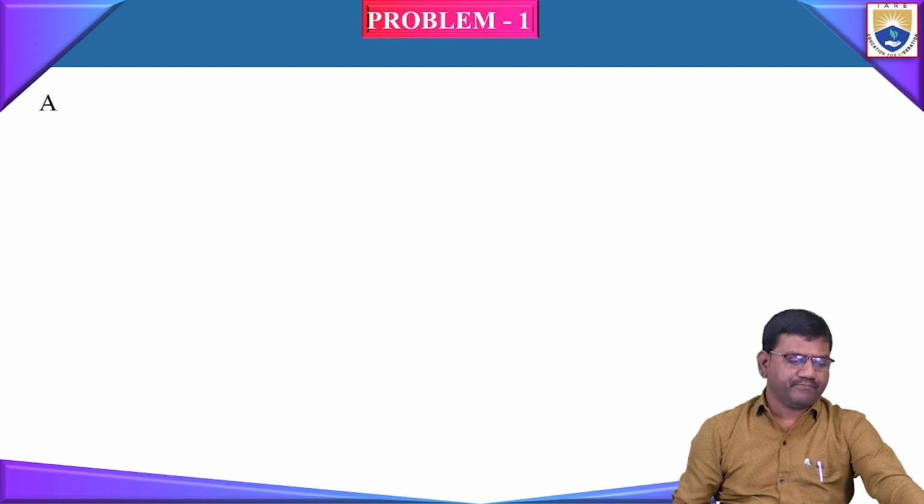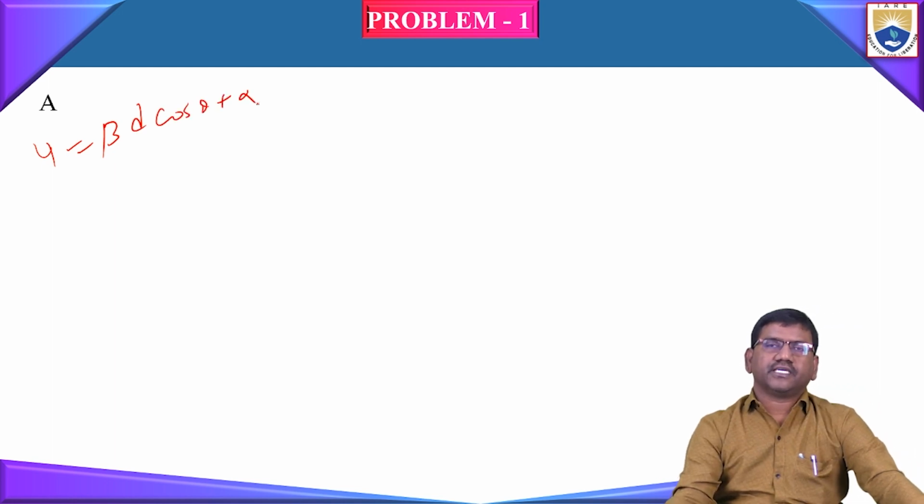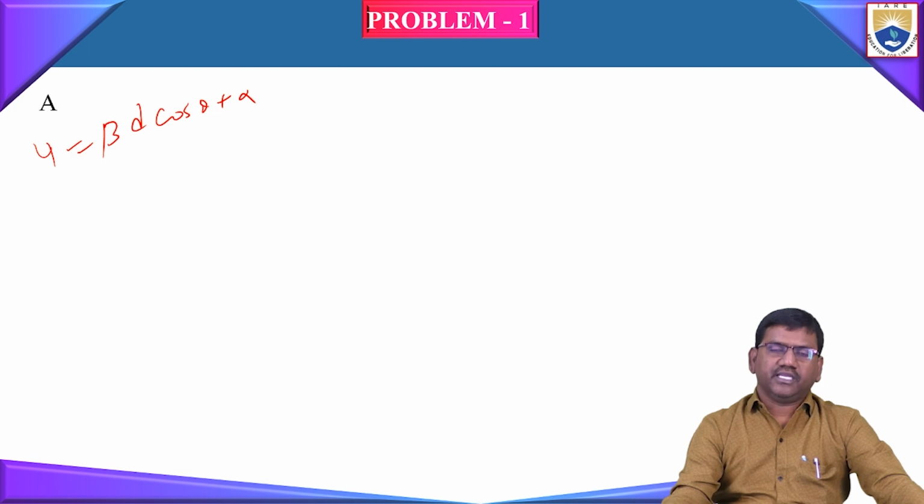So here we know that psi is equal to beta d cos theta plus alpha. Here psi represents the total phase angle of all the elements of an array, and alpha represents the phase angle between any 2 elements in an array.